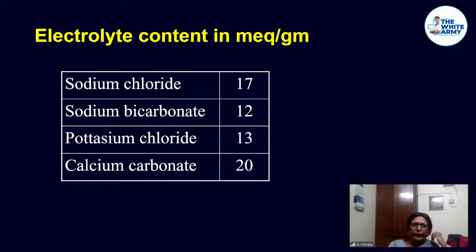And calcium carbonate contains 20 milliequivalents per gram. So this is if you want to give oral fluids. If you want to prepare some fluid based on the requirement, you should have an idea of this. Sodium chloride, 1 gram is 17. Sodium bicarbonate, 1 gram is 12. Potassium chloride, 1 gram is 13. And calcium, 1 gram is 20.